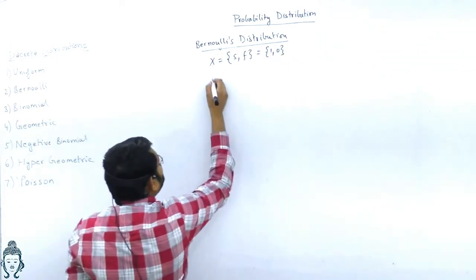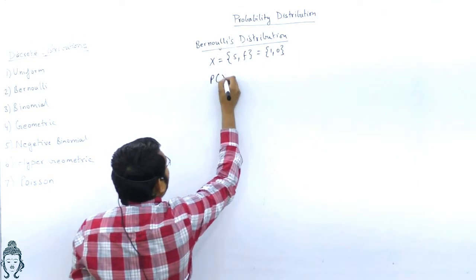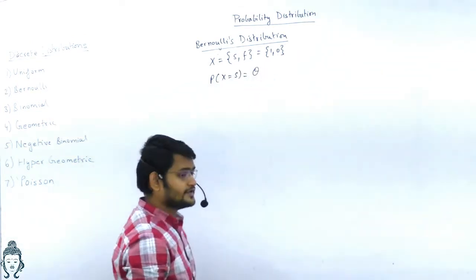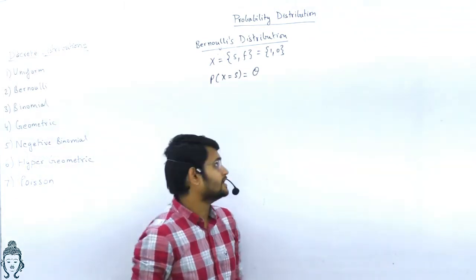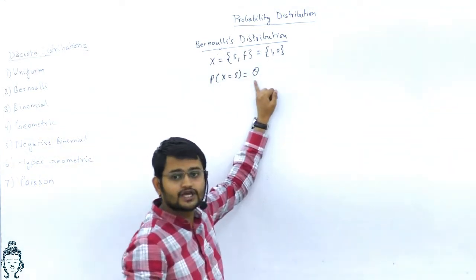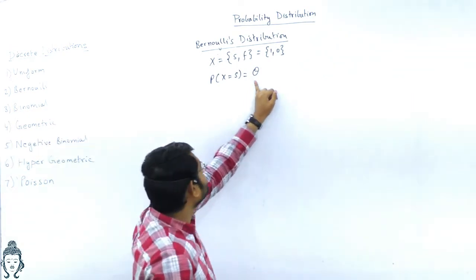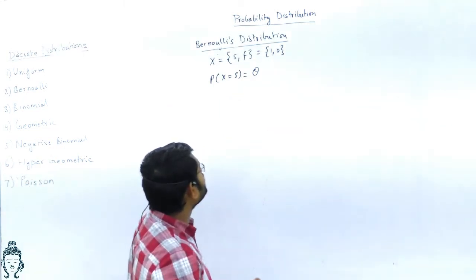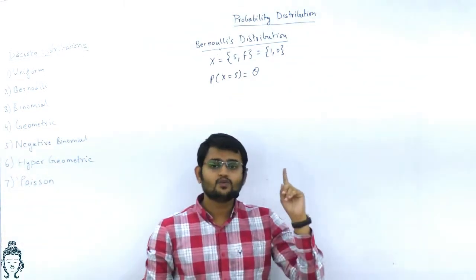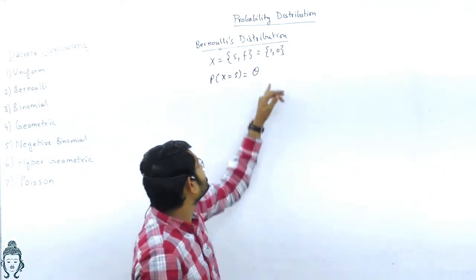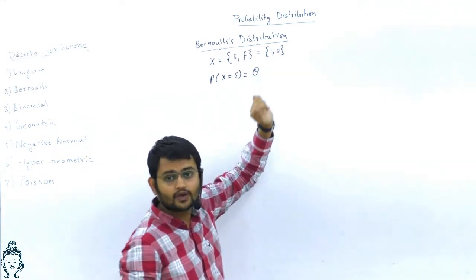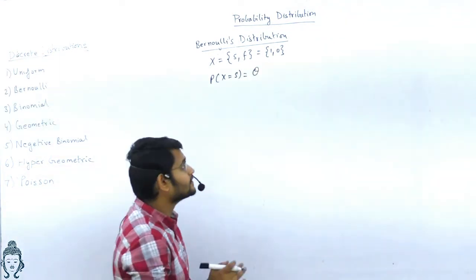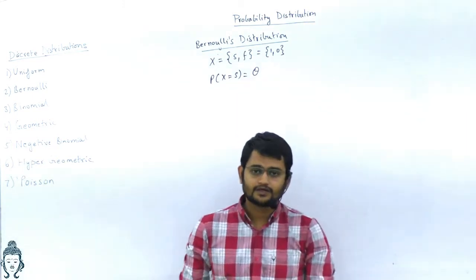And also we know that probability of x being success is known, that is, let's say we are assuming here it to be theta. Now this theta can change, and this will be particularly our parameter for a Bernoulli's distribution. Now here we are going to assume that we are going to do only one trial, and we need to find whether we are going to get a success or a failure, or how likely it is that we get a success or a failure.